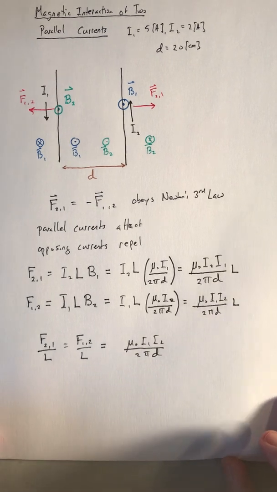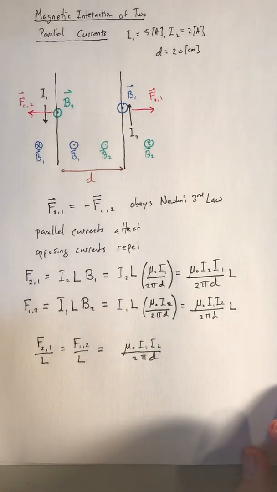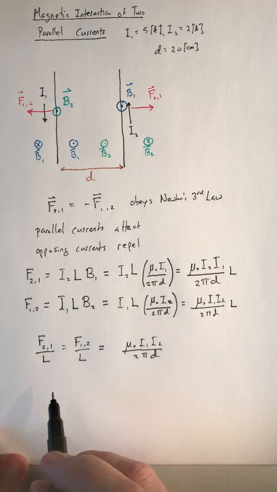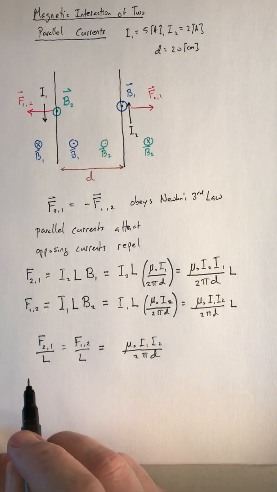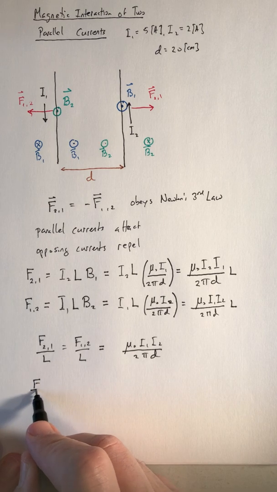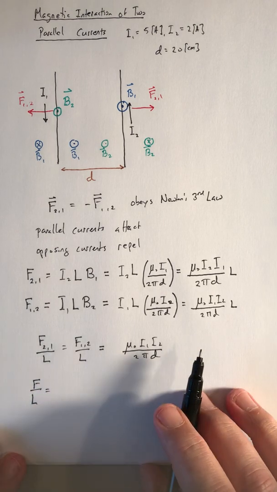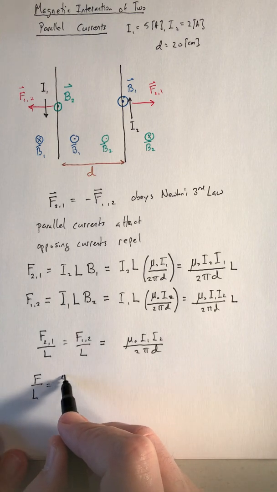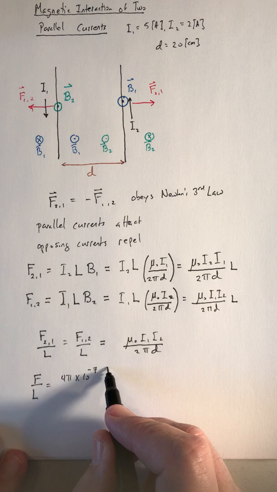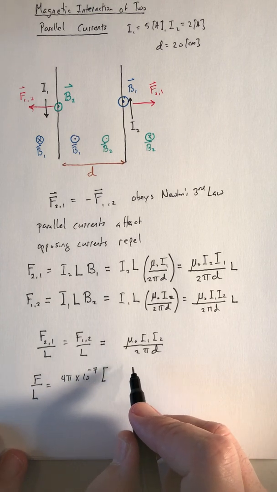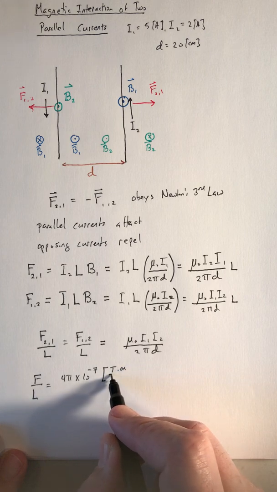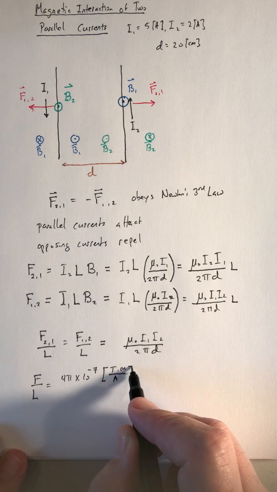In terms of plugging in the numbers and practicing with that, we're going to have the force per unit length. Mu naught is 4 pi times 10 to the minus 7, and that is Tesla meter per amp.